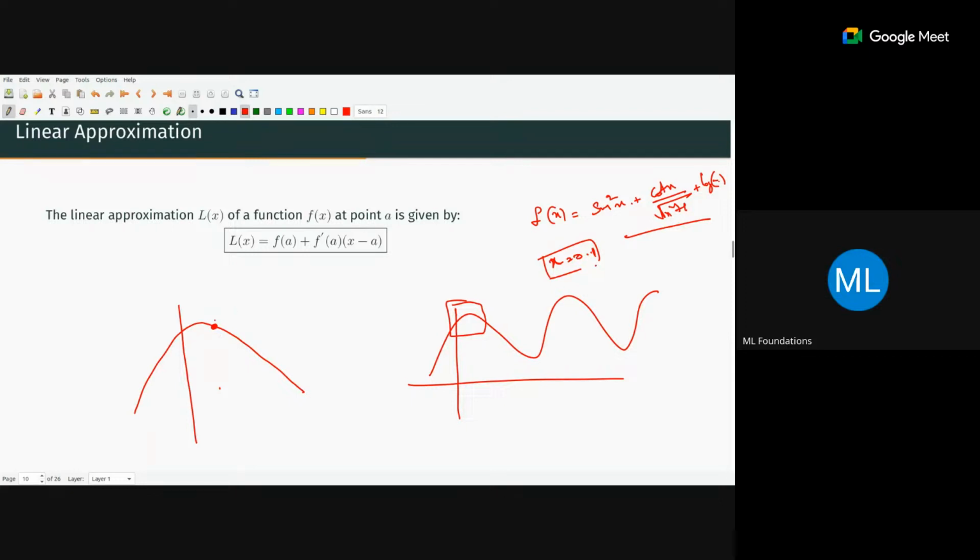You want the function value at that point, and computationally it is very difficult. But there is one more point very close to it, and you know the function value at that point.